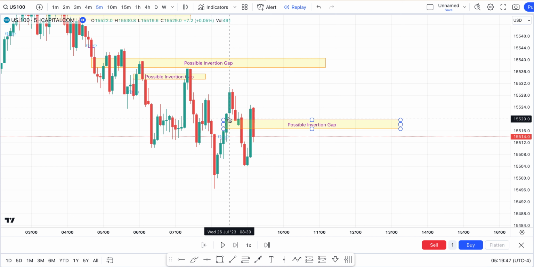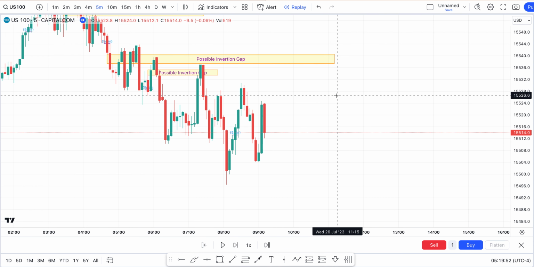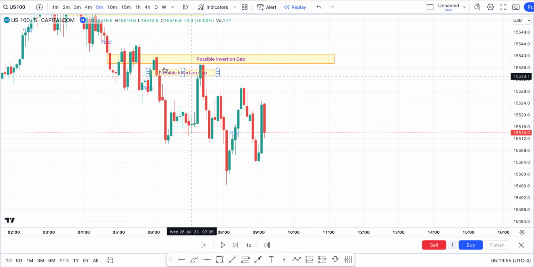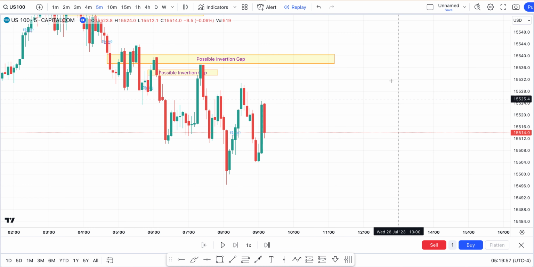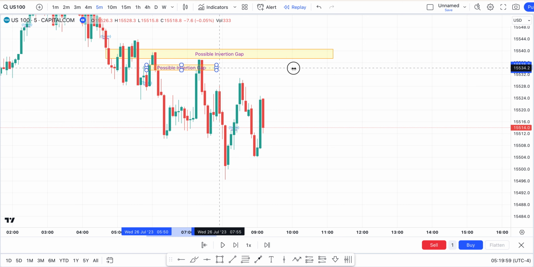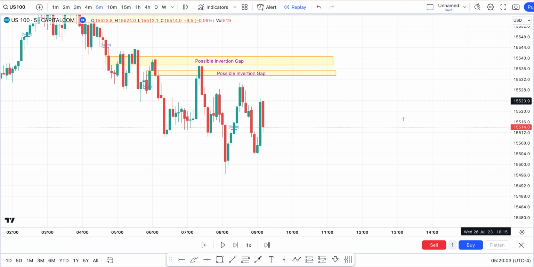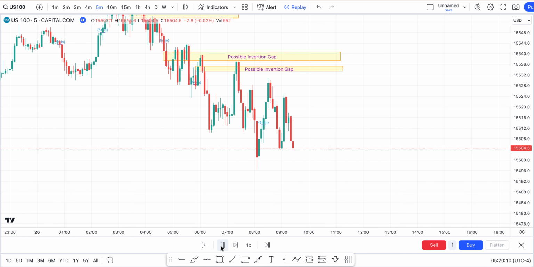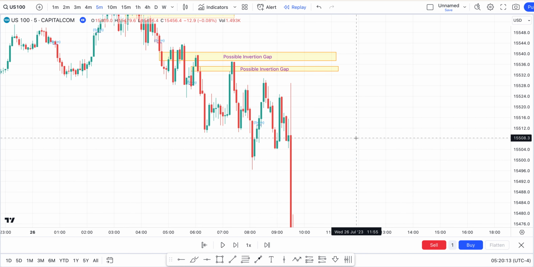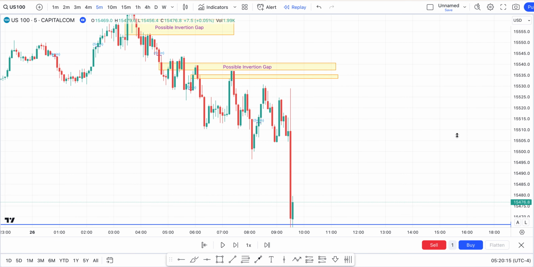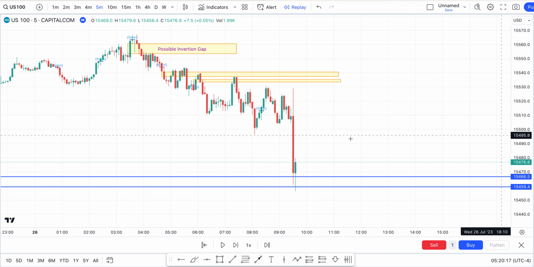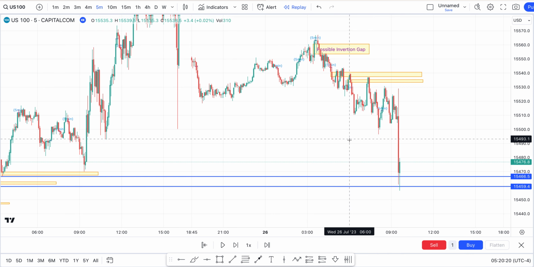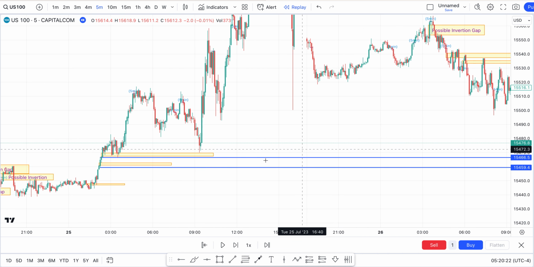For instance, in this example, this one is invalidated. This one is still valid. Yeah, still valid. And that's what I mean. Oh, you didn't invalidate both.